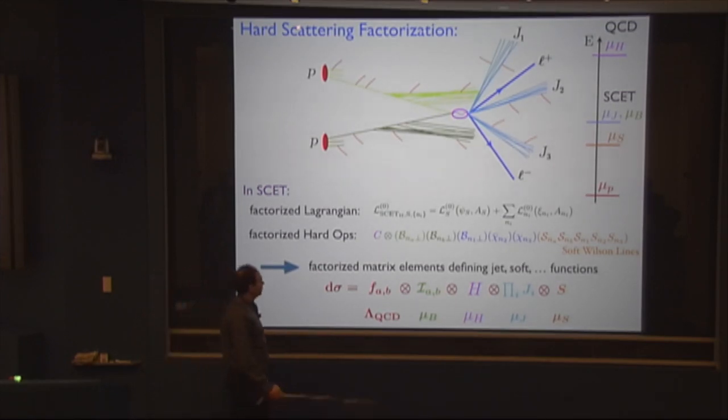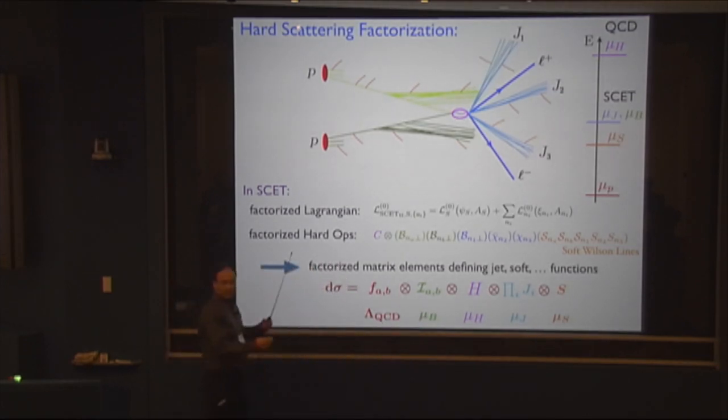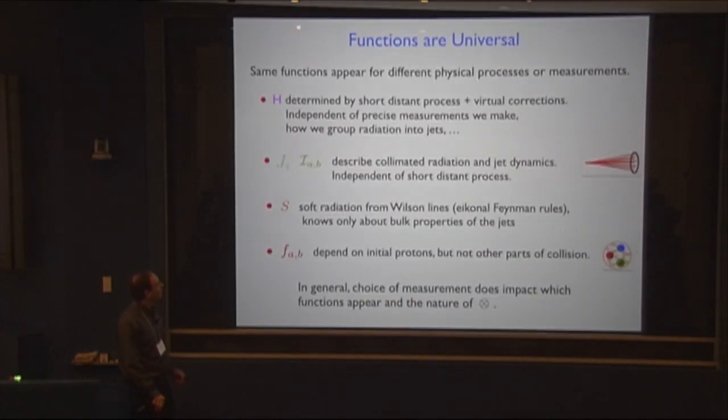They can couple back together at higher orders, but at leading order, there's just a direct sum. And so you have a product operator, direct sum Lagrangian, and that leads to factorization. If you square this and you try to calculate cross-sections, probabilities, then you get these factorization theorems. And exactly the nature of these tensor symbols comes out in the details of the math that I'm not going over, although I will give you some more examples.